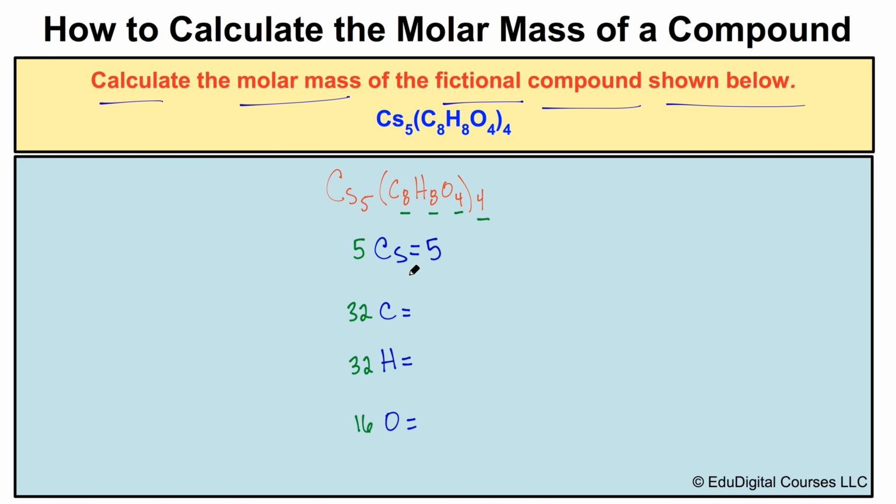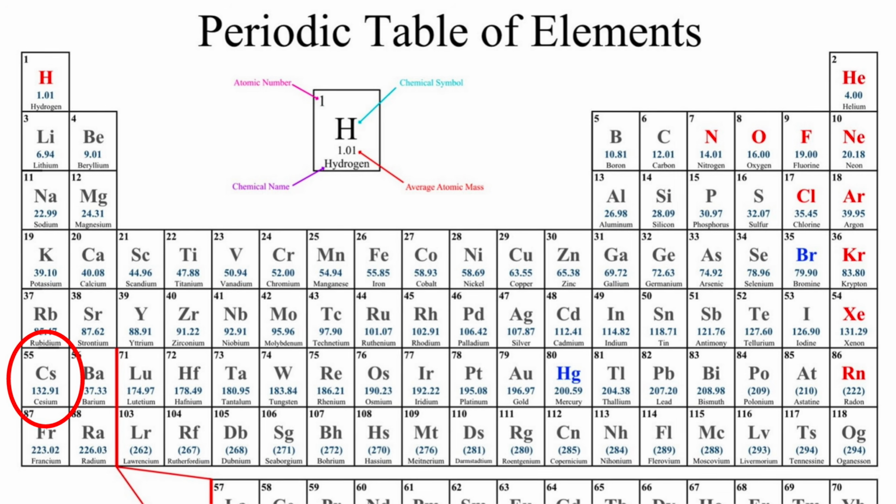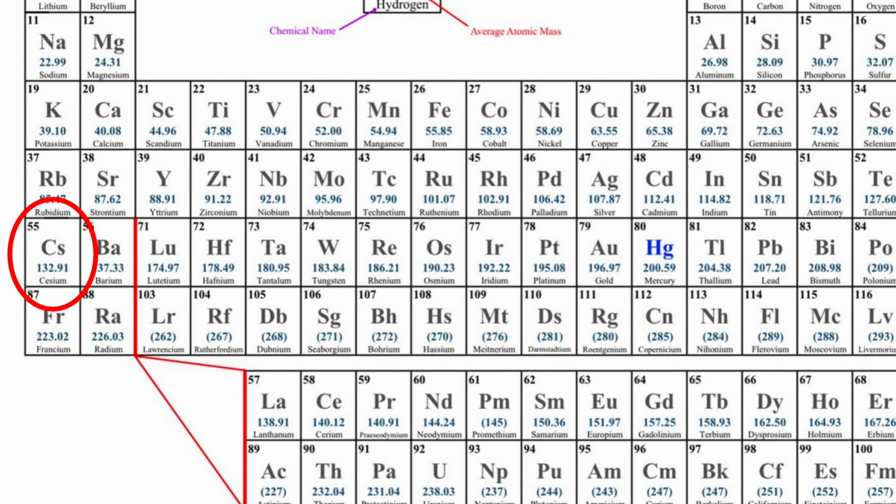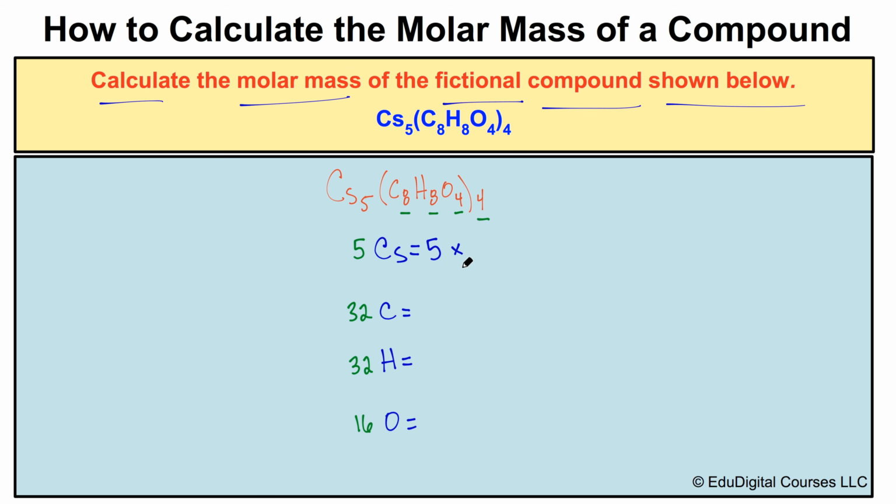If we take a look at cesium on the periodic table, you can see that the molar mass of cesium is 132.91 grams per mole. However, when we're performing the molar mass calculation, we don't necessarily need to add the units in the calculation. We just need to add the unit to the very end of the calculation. But we can see that it's 132.91 grams per mole.